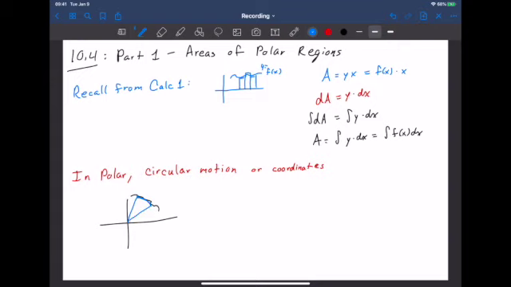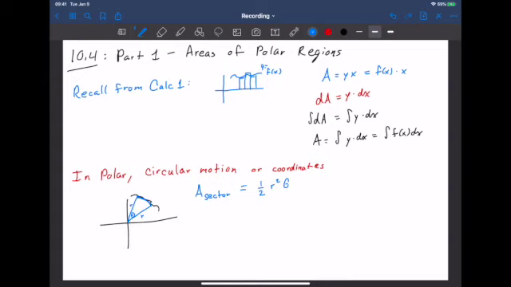Slices of pie, slices of pizza, however you want to picture it. So we would be starting with the area of a sector. A circular sector is what we would call that pie shape, which was 1/2 r squared theta, where theta was the angle there and r was the radius of the sector.